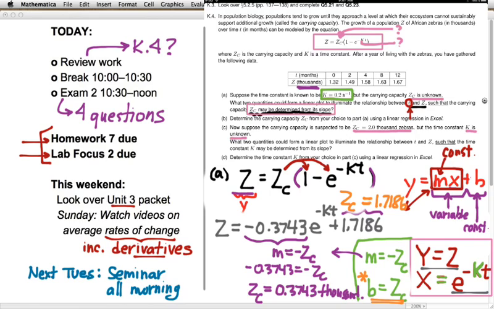According to the intercept, the carrying capacity is 1.7186 thousand zebras. So that's one of the problems with knowing one of the parameters in a linear regression and trying to find the other: you might get competing answers. In an exam situation or something, I would take whichever one of these you match up, because either one of them is honest to the way that we linearized this equation.